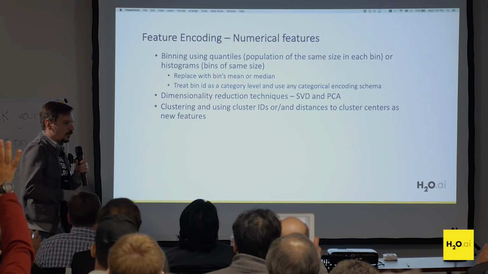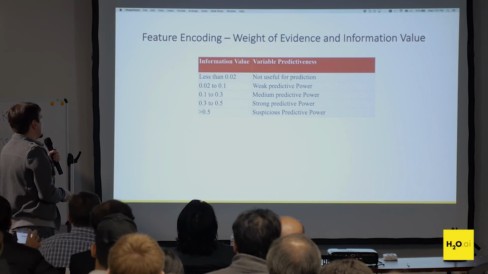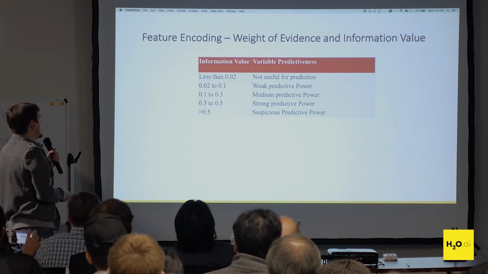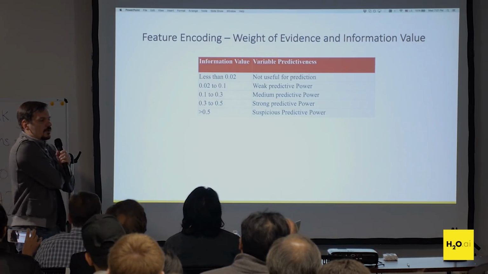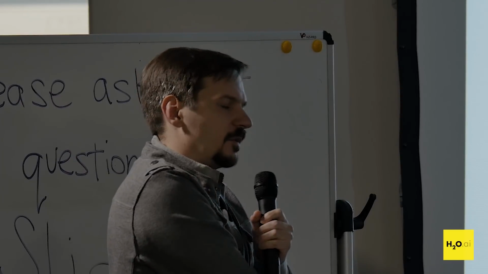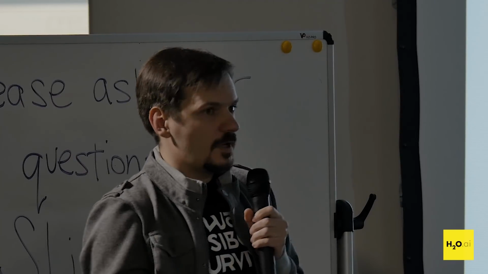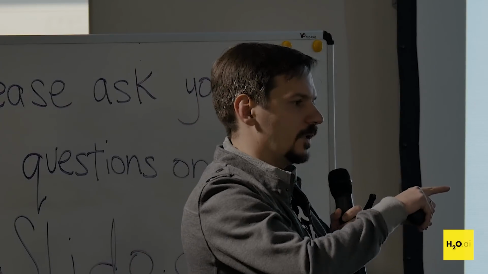So what other nice property does this particular encoding have? You also can use the same approach to encode your numerical values. For numerical features, because you can calculate information value, you can play with it. Let's say you have a numerical feature.